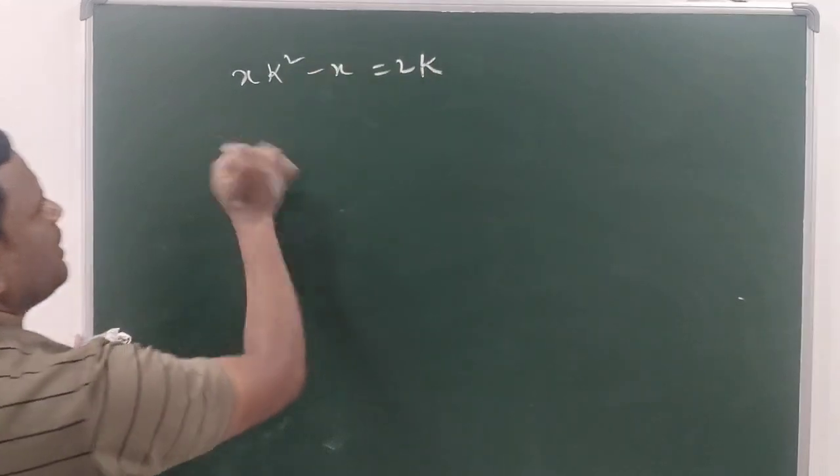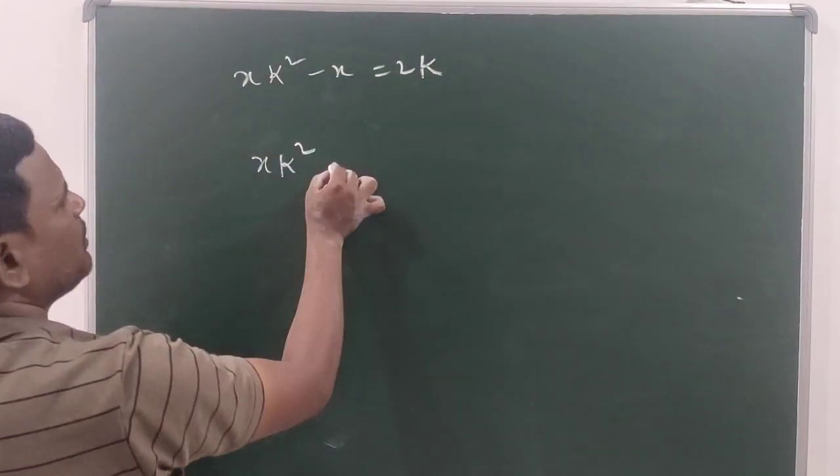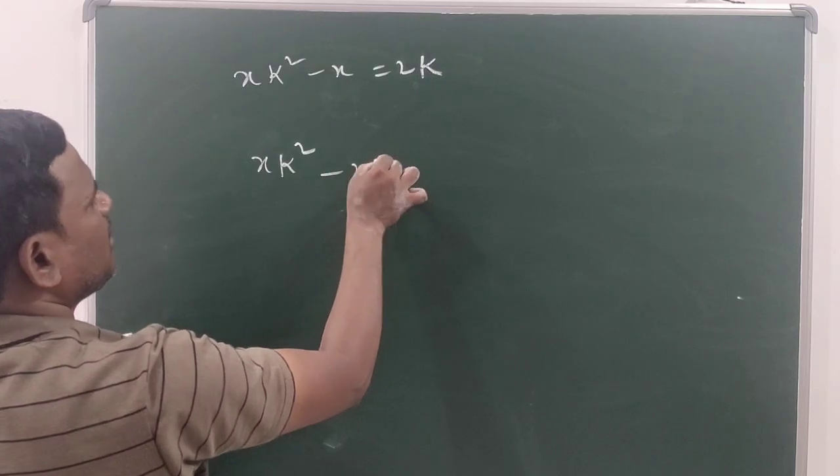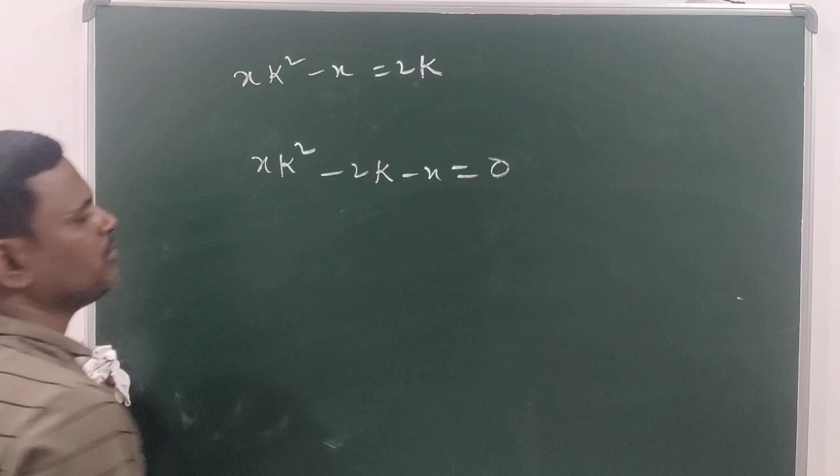Now bring it to the left side: x k square minus 2k minus x equals 0.